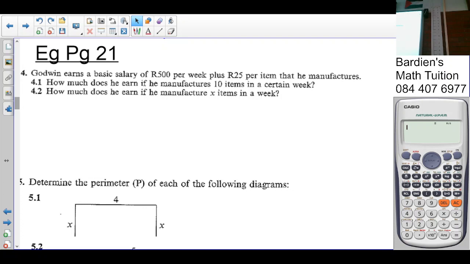A basic salary of 500 Rand per week, plus 25 Rand per item that he manufactures. Okay? You guys still writing?